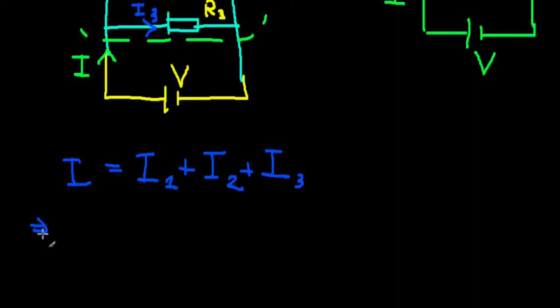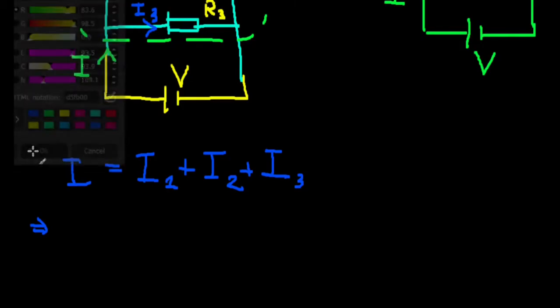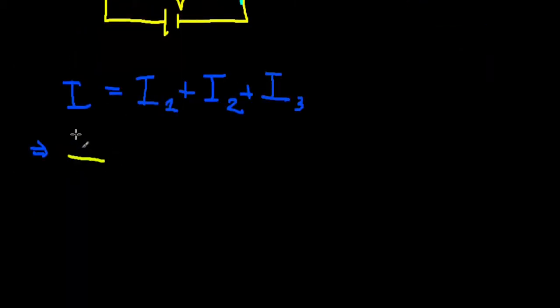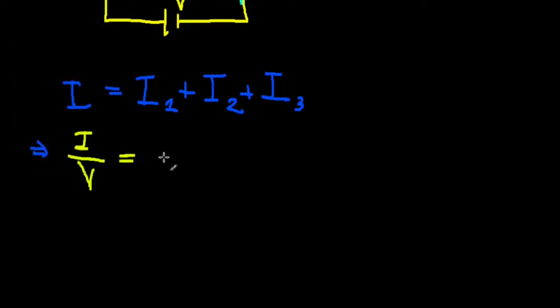Let's divide by the value of this voltage source V. All right, so we'll have I by V equal to I1 by V plus I2 by V plus I3 by V. Oops, my grip's getting loose.